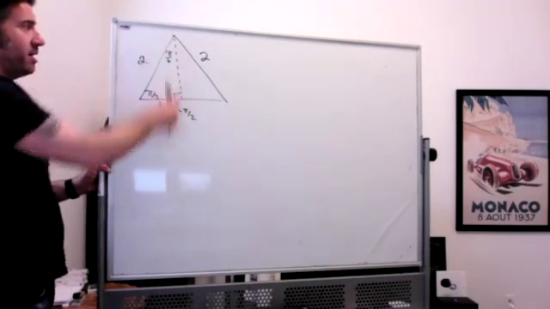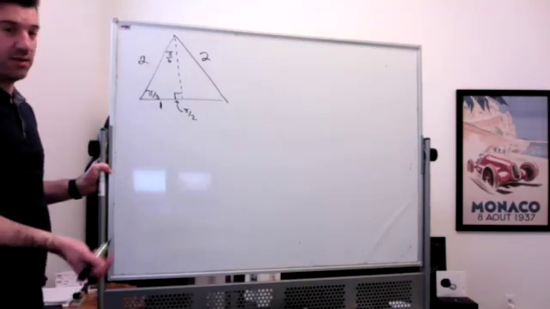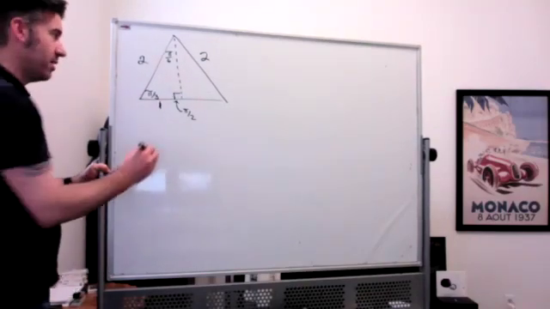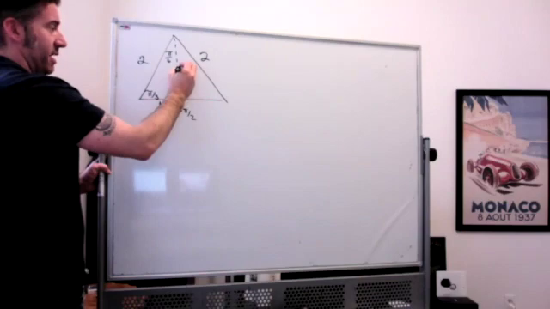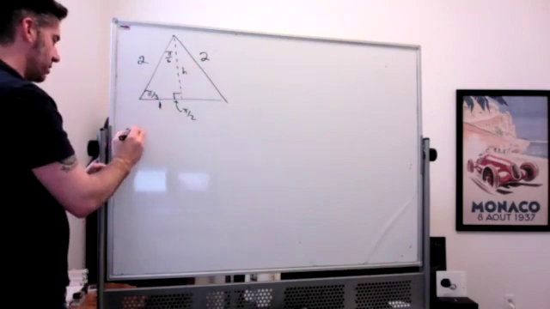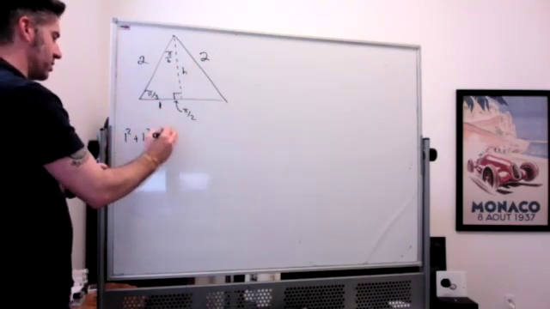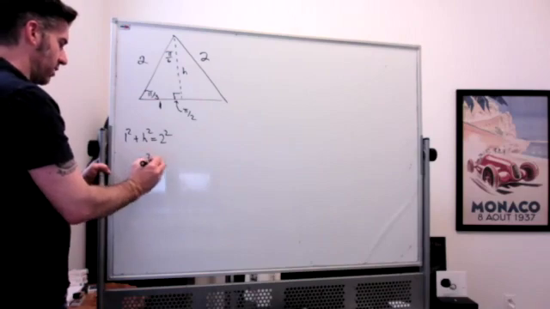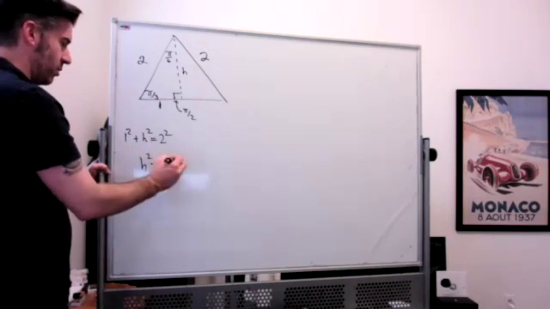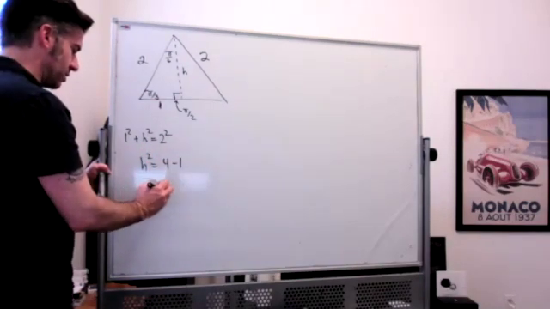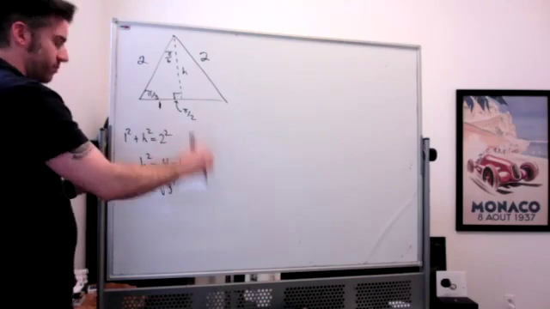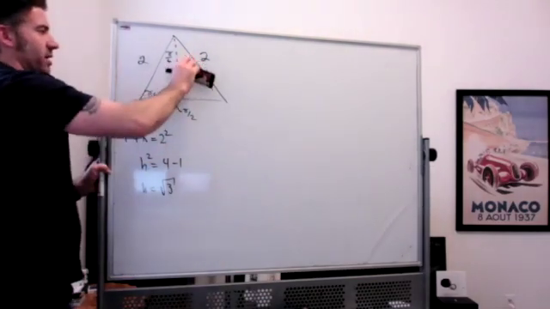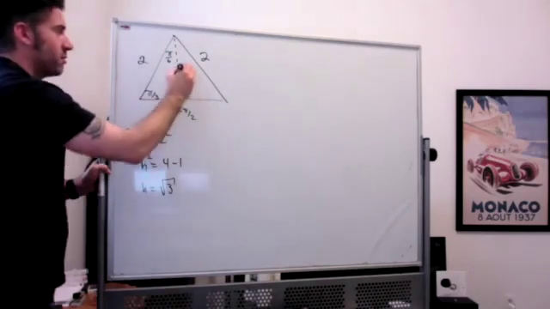And then for this side here, we can use the Pythagorean theorem. If I call this the height, 1 squared plus the height squared equals 2 squared. So the height squared is 4 minus 1, so the height is the square root of 3. So that's what we're getting here.